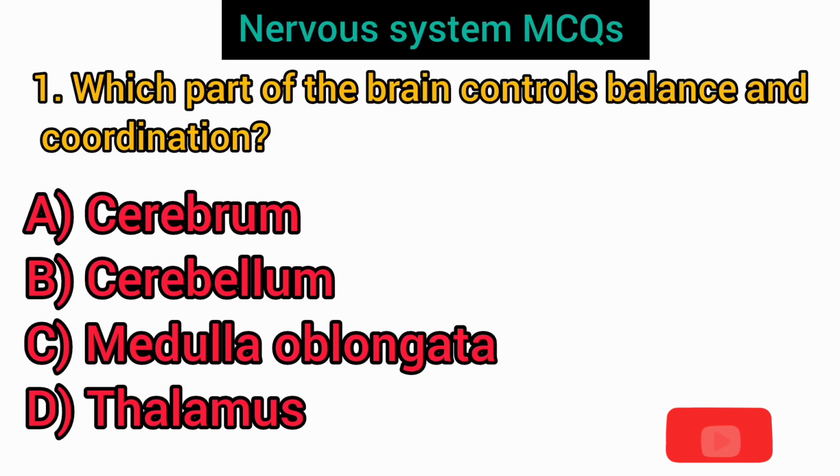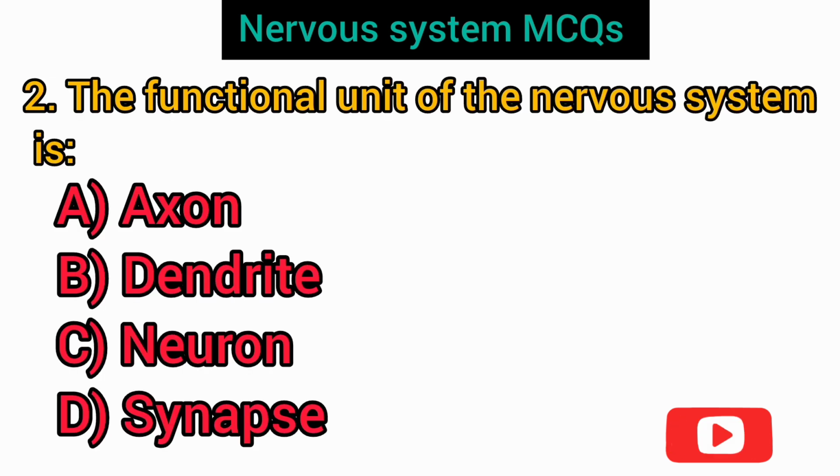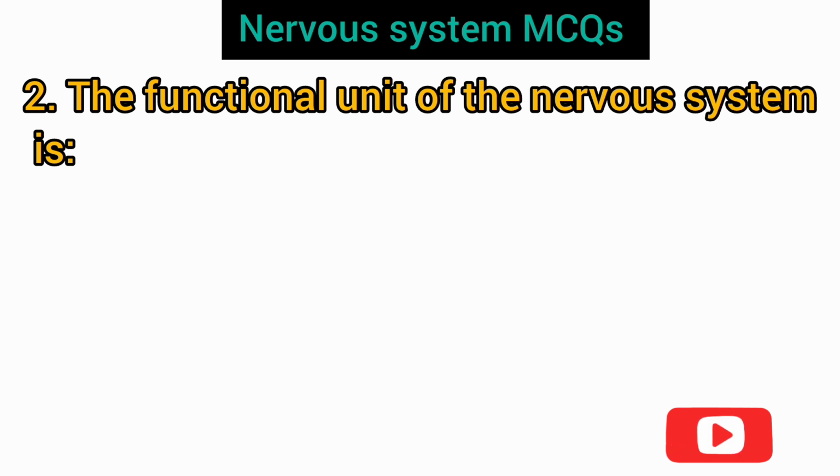Which part of the brain controls balance and coordination? Cerebellum. The functional unit of the nervous system is neuron.